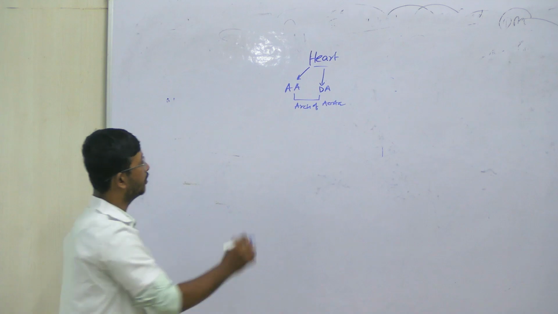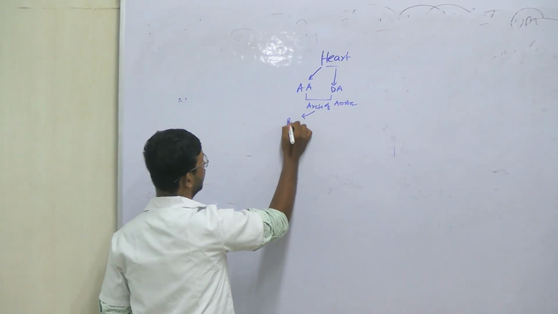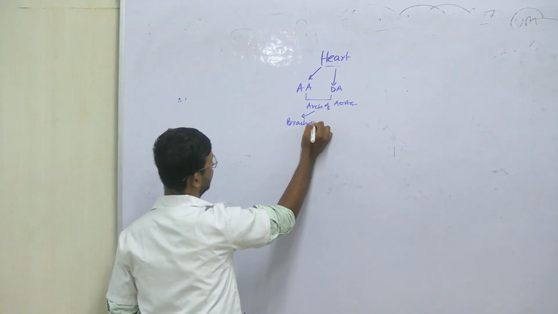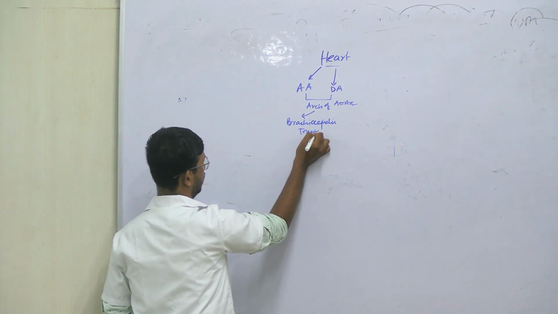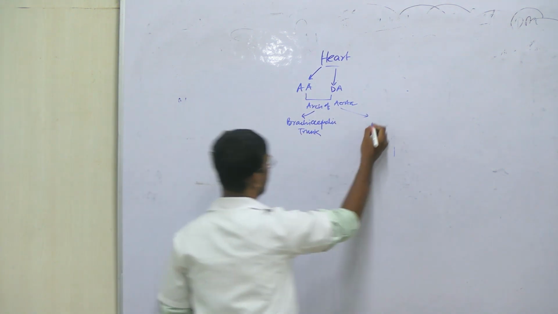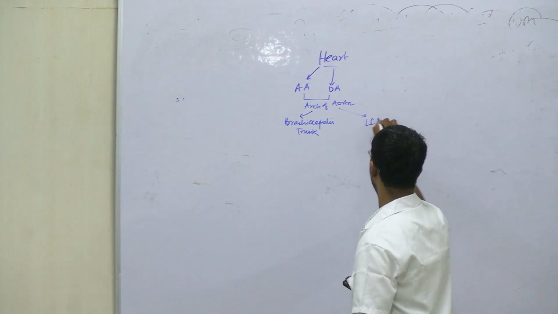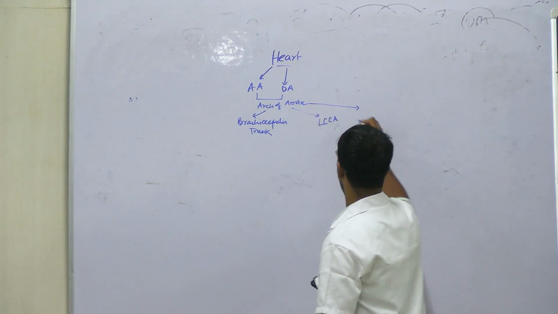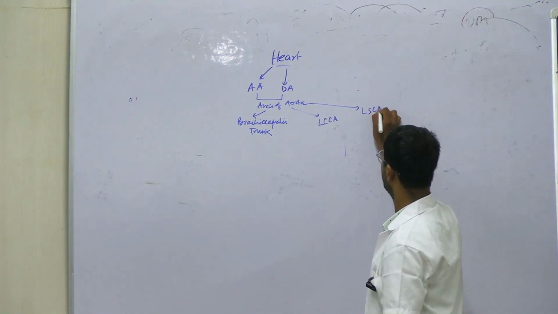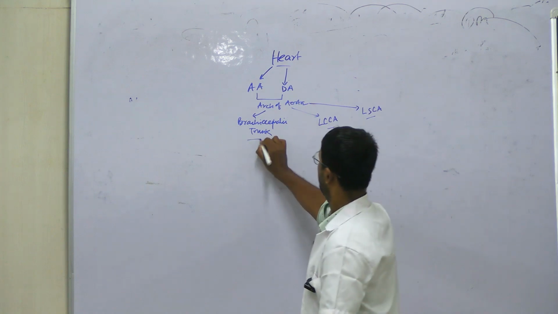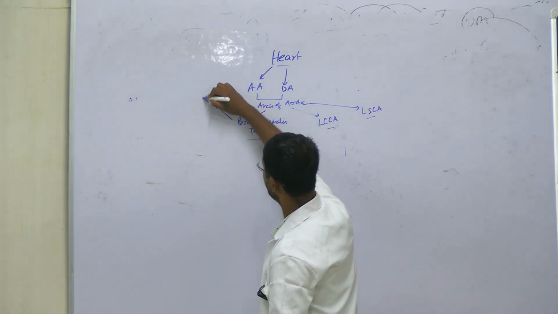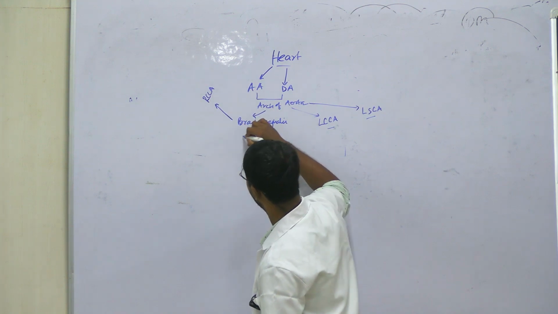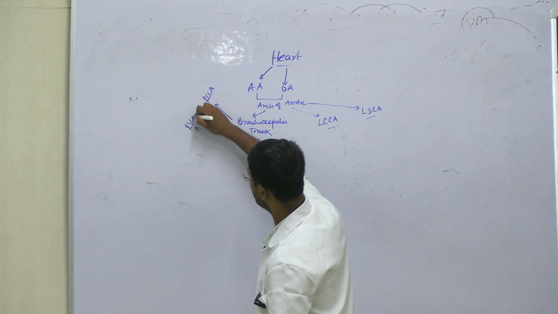From this arch of aorta, we are getting the brachiocephalic trunk, and your left common carotid artery and your left subclavian artery. Now from this brachiocephalic trunk, we will again get right common carotid artery and right subclavian artery.